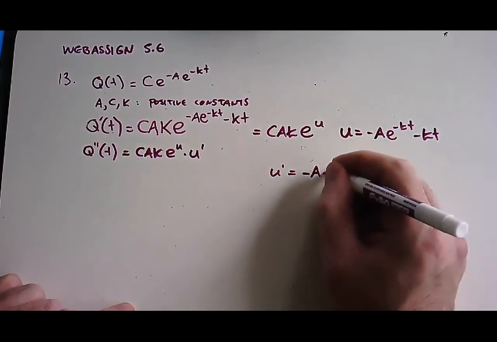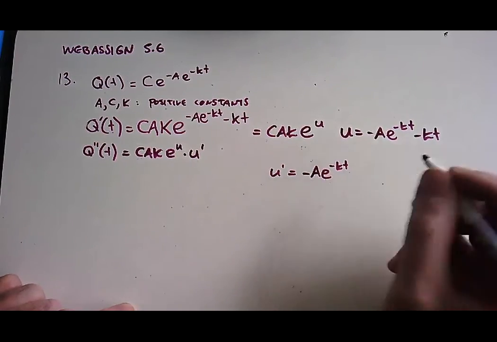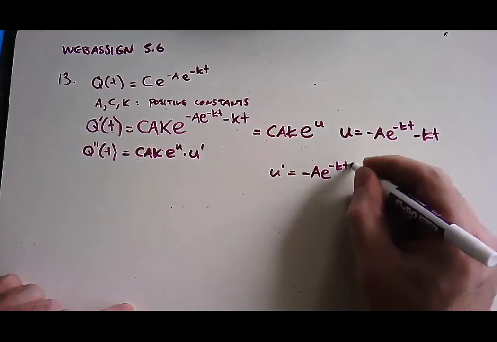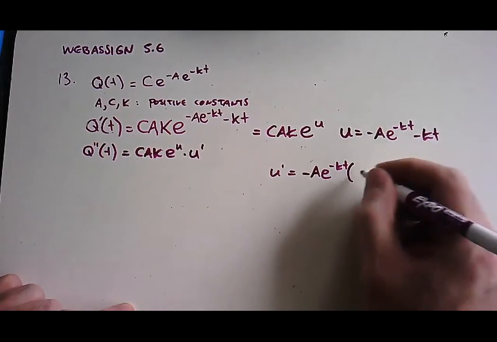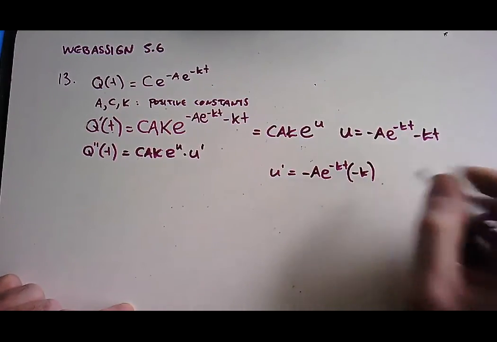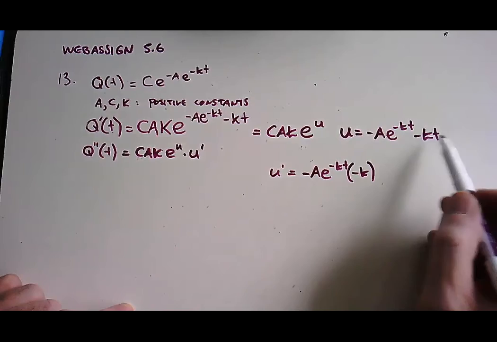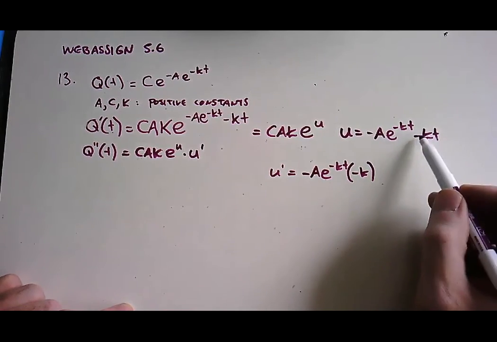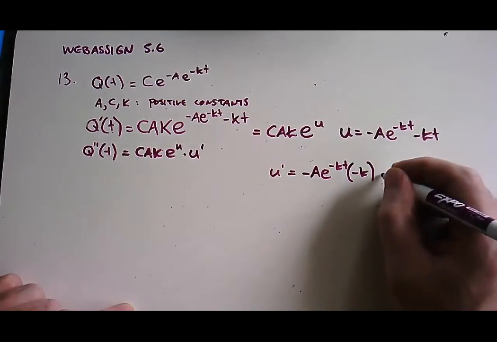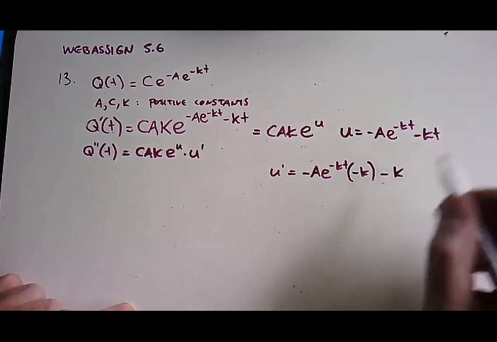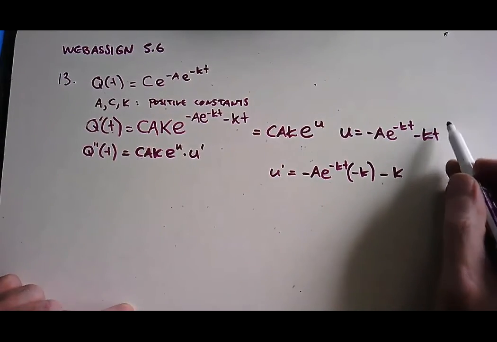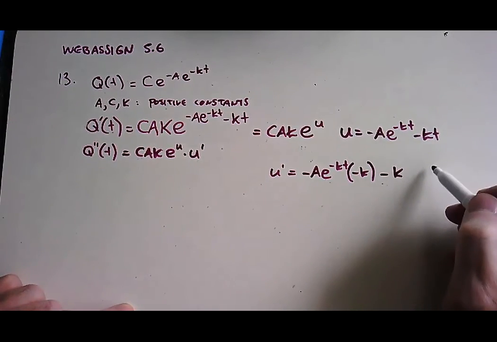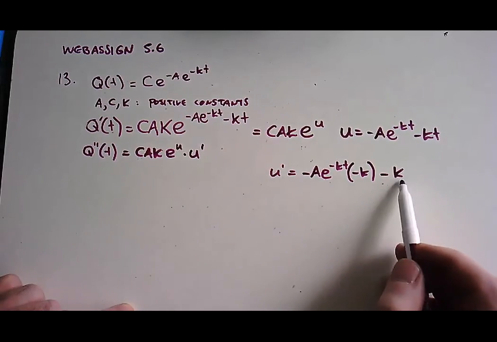Again, taking the derivative of e to the negative kt, it's going to be itself times the derivative of negative kt, which is negative k. And now this minus kt, k again is a positive constant, so the derivative of negative kt is going to be negative k. We're just dropping down that power of t from 1 to 0. So here's our expression for u prime.